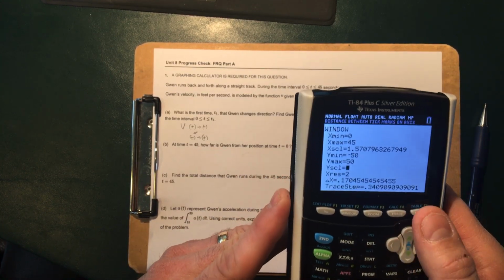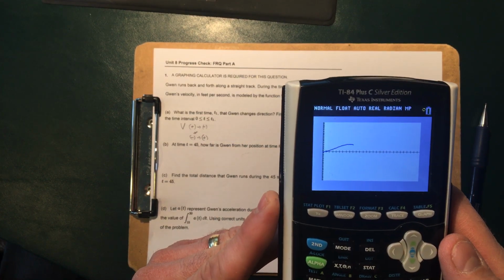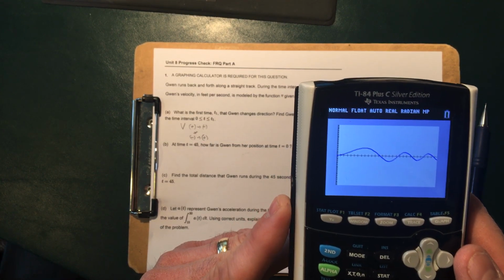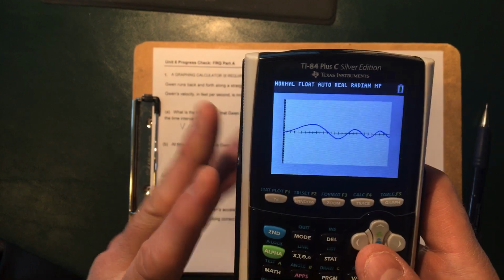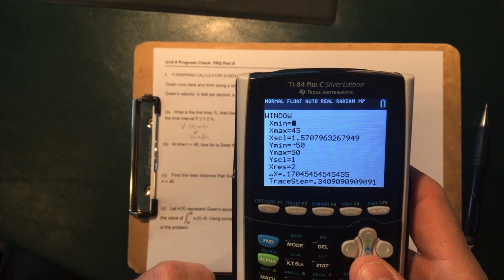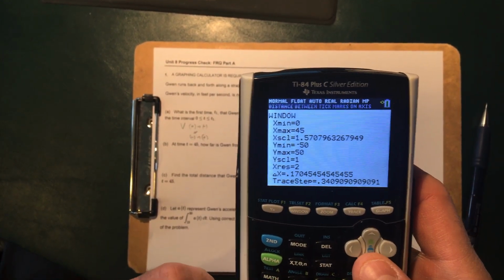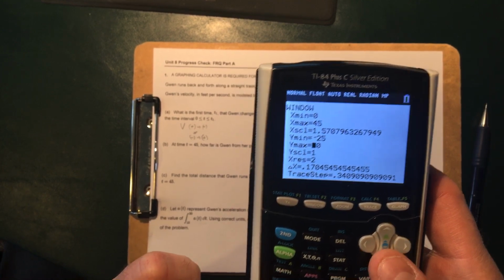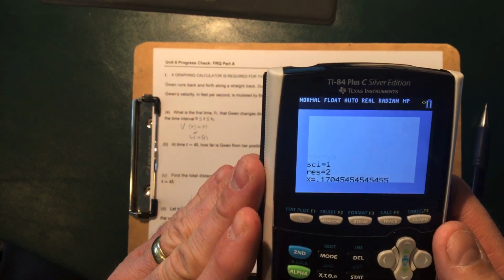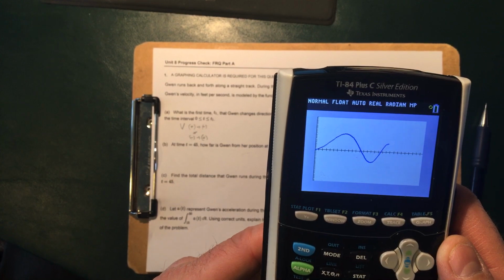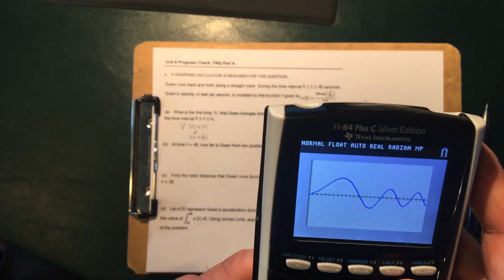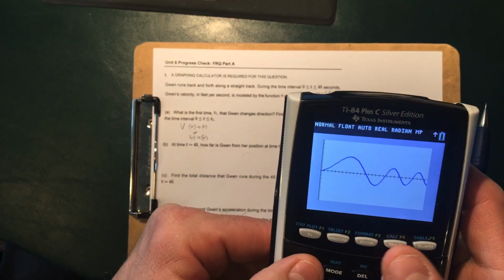Let's see what happens here. That's kind of pretty. Okay. We're going a little bit more here. We'll go like negative 25 to 25. See what that looks like. Oh, that's nice.